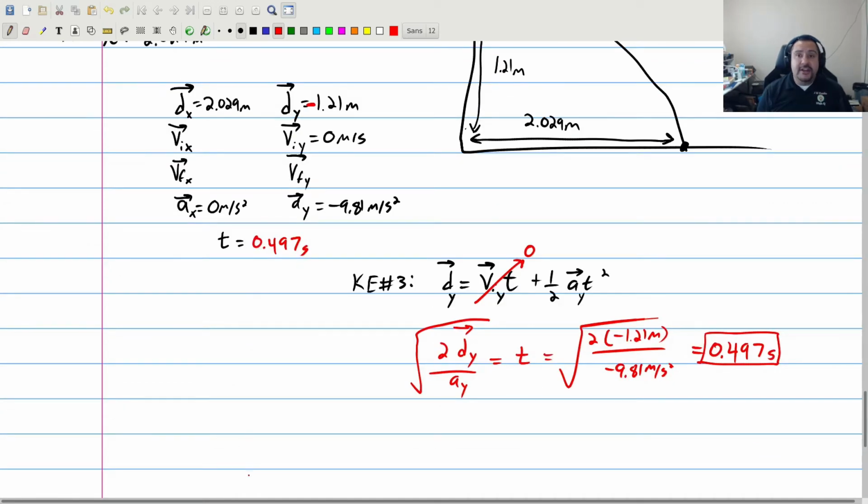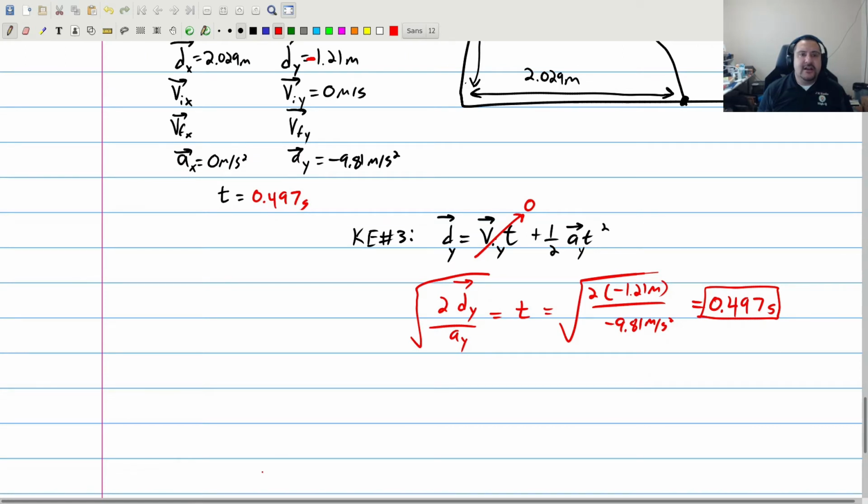Now that I know that, I have 3 things I can use in my x direction, which means I can solve for v initial x. So let's solve for v initial x. I'm going to use kinematic equation number 3 again, only this time it's going to be in the x direction. Displacement x is equal to v initial x t plus 1/2 ax t squared.